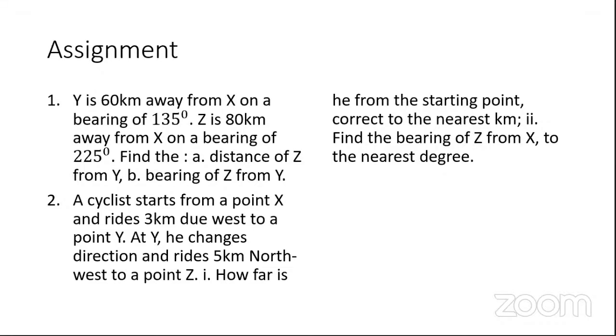Between north and west is 90 degrees, so the middle would be 45. That's why they use the word northwest. How far is Z from the starting point, correct to the nearest kilometer? And find the bearing of Z from X to the nearest degree.